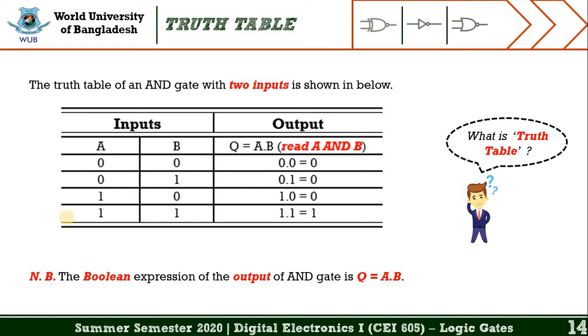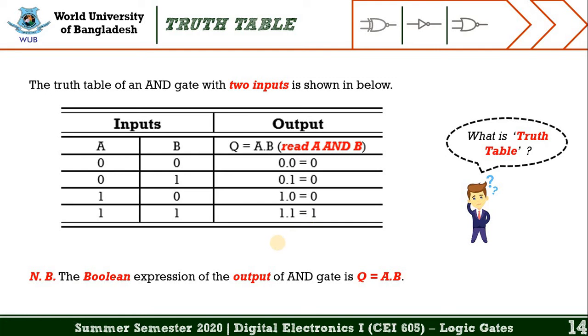So let's start. Since the number of inputs is 2, we may choose 0 and 1. Then the combinations will be 4. One is 0 0, another is 0 1, another is 1 0, and the last one is 1 1. And after that we get the output 0 0 0 and 1.